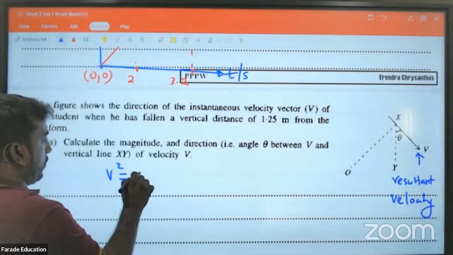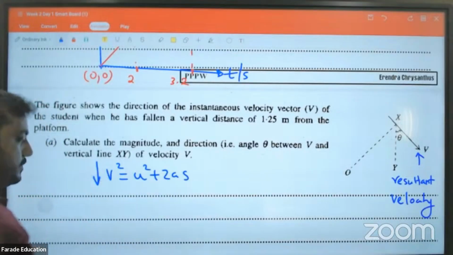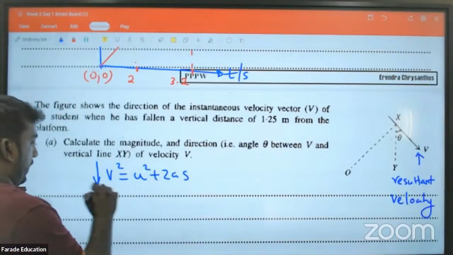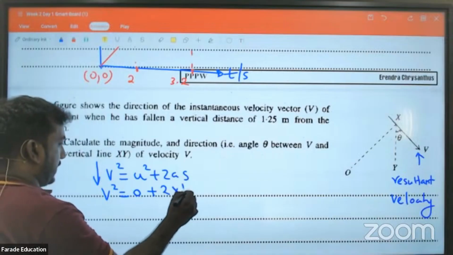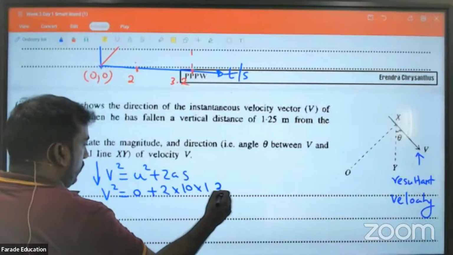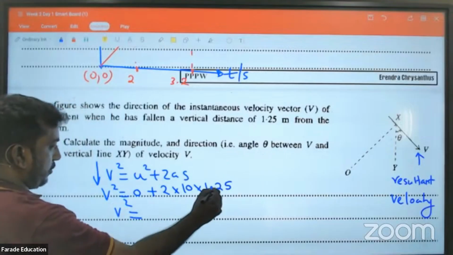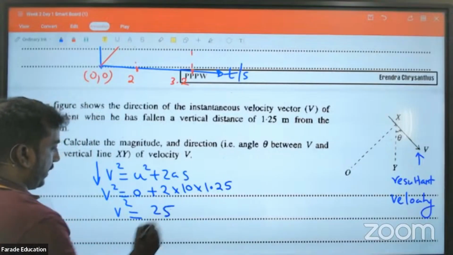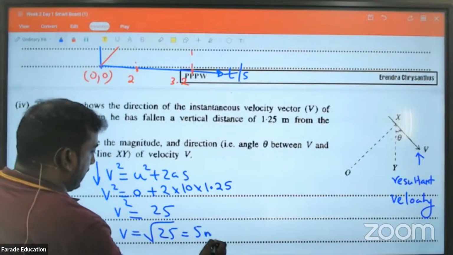V squared equals U squared plus 2as vertically down. Vertical velocity V squared, starting from rest. Acceleration 10, 1.25. V squared is equal to 12.5 times 2, 25. V is equal to square root 25, 5 meters per second.